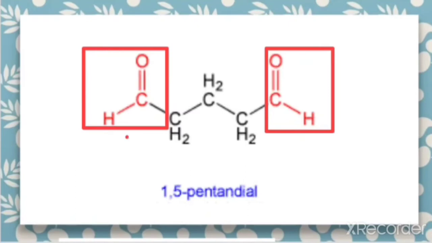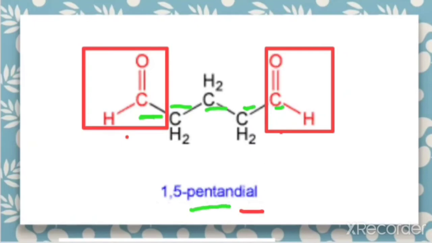But here two aldehyde groups are there, therefore we will be naming it as dial, because when we count the total number of carbon atoms in the main chain, here both the aldehydes we have to count, because the aldehyde group carbon should be included in the main chain. So this is the first carbon, second, third, 4, 5. Total 5 carbons are there.